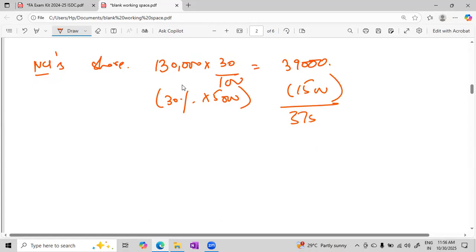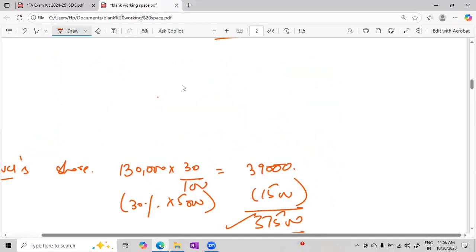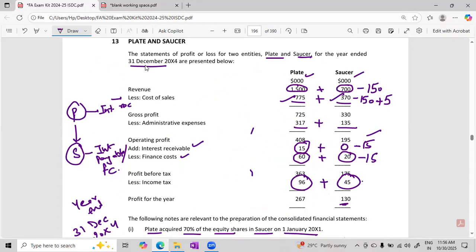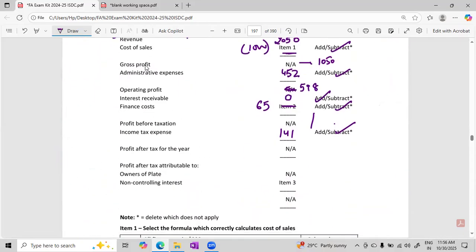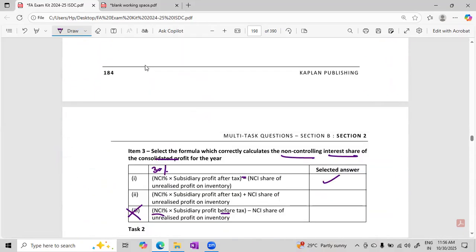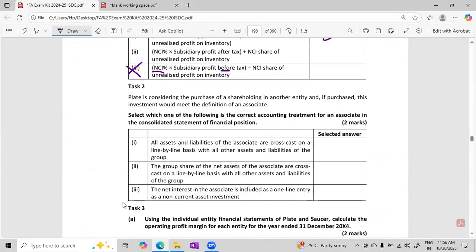So your answer is 37,500. Okay. And over here in your NCI, yeah, so this is your share of NCI, right? Let's move forward now. We were not asked to calculate this. Okay, we just had to choose from these three items. But still, I told you how we will calculate it in case it comes in any other question. Okay. So let's see the next question.